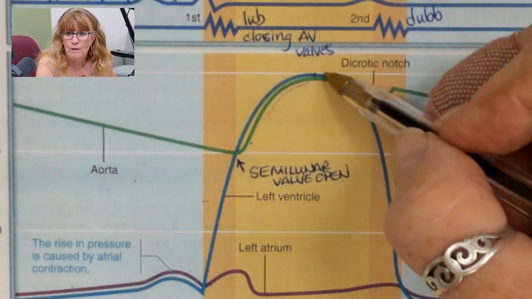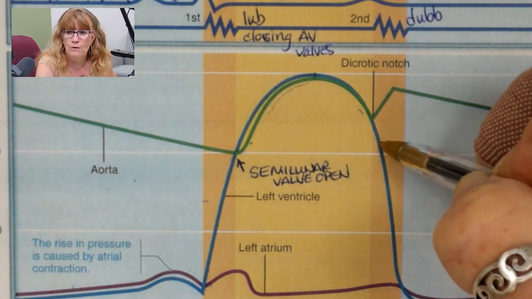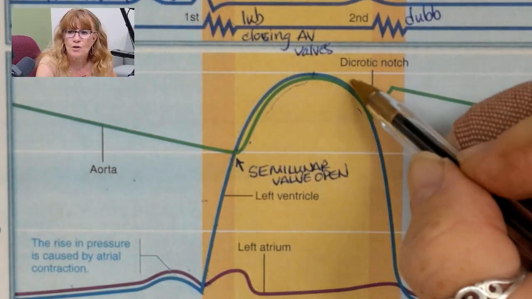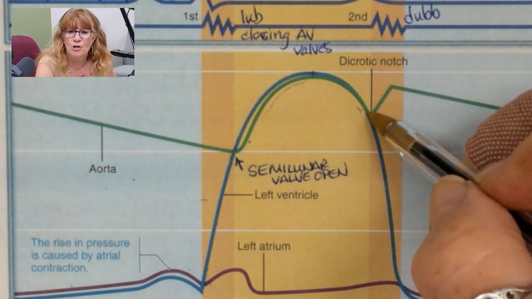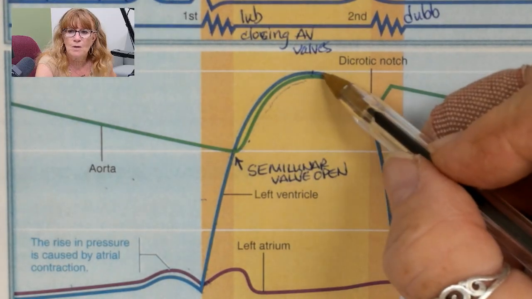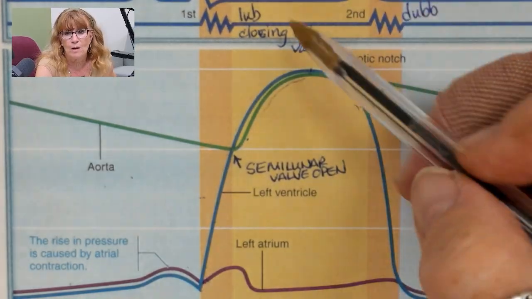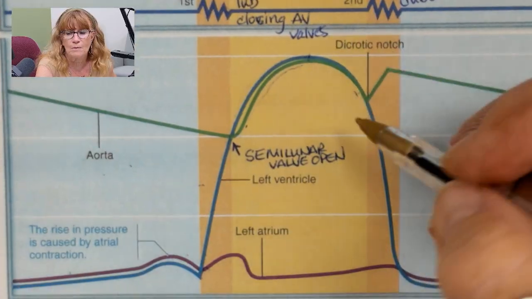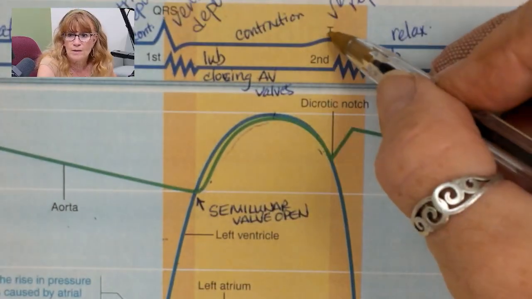So now we're going to allow even more blood to leave the ventricle, that's the blue line, and go into the aorta. Notice that aortic pressure is also decreasing. That's because the blood just doesn't sit in the aorta. This is the blood moving out to the rest of the body, and this is the rest of the blood that's coming in. Finally, we get to the T wave.